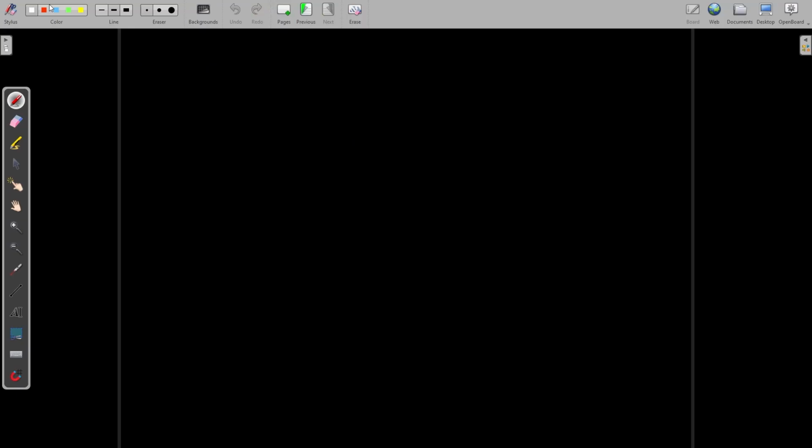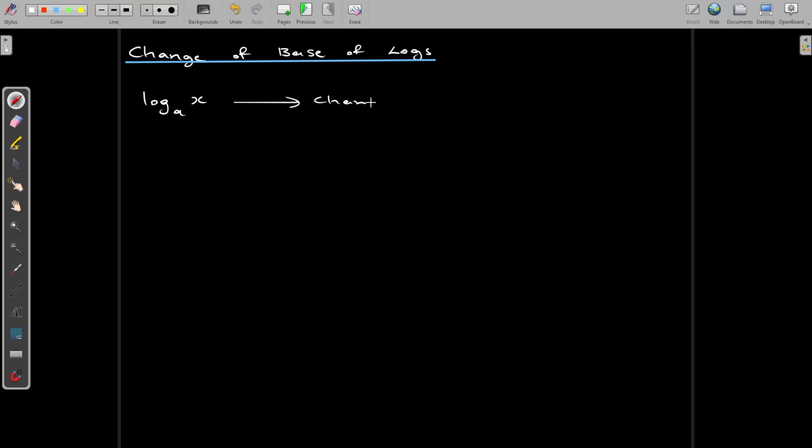All right, so our next subtopic is changing the base of logs. Let's say we had log base a of x, and we needed to change this to base b. Now this is fairly simple.